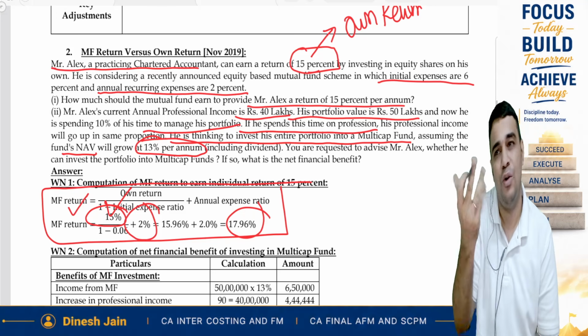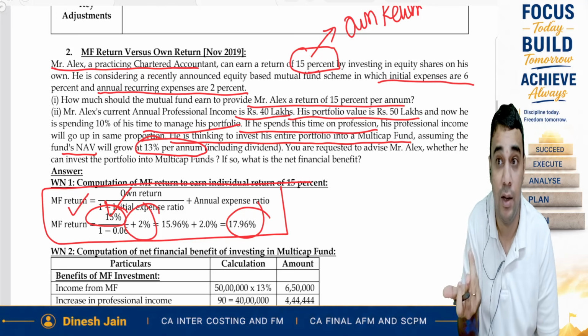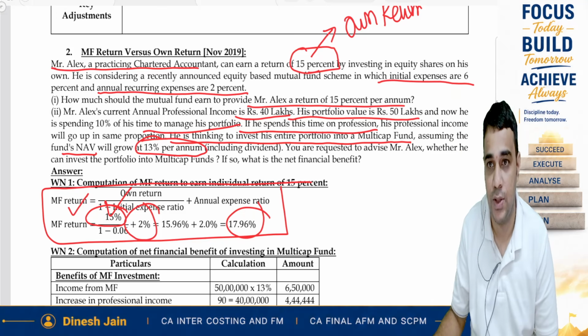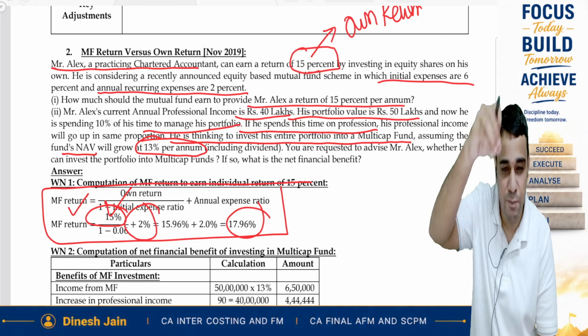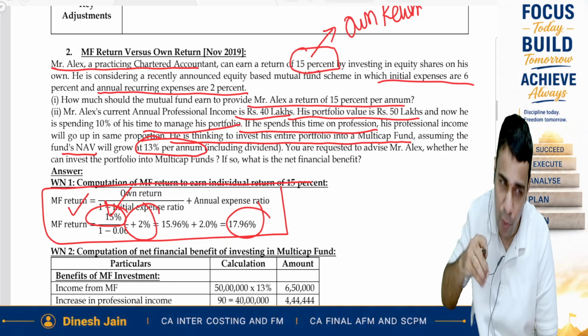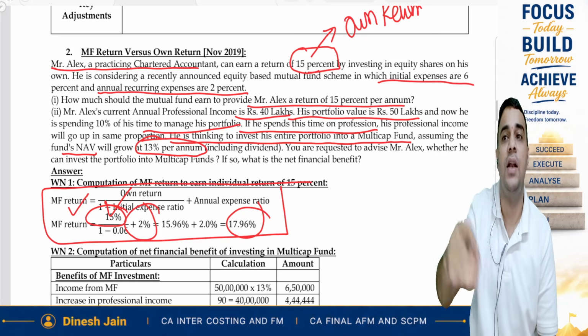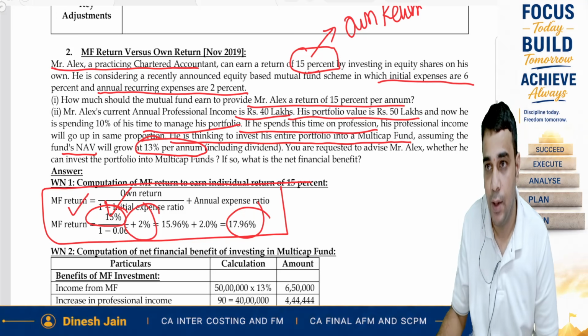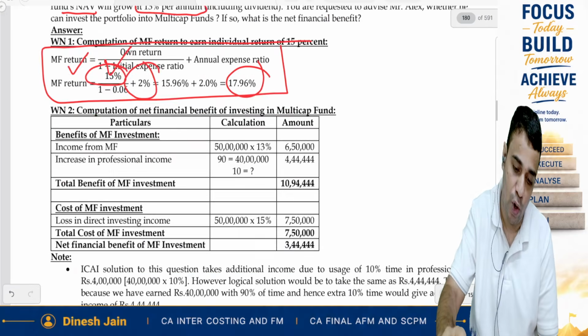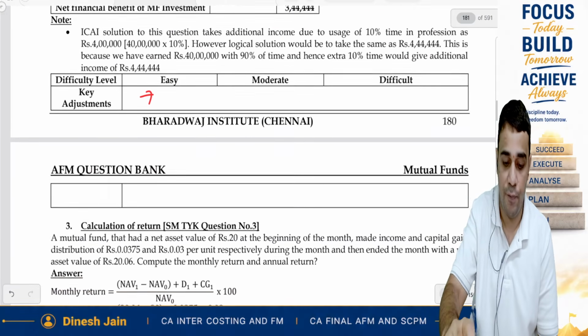Reverse working, no problem at all. But in an exam situation, you have read so many concepts, and when you do reverse working, students generally find it a little difficult. So any problem, I do it in the class. You want to do reverse working of that, for example, this question.